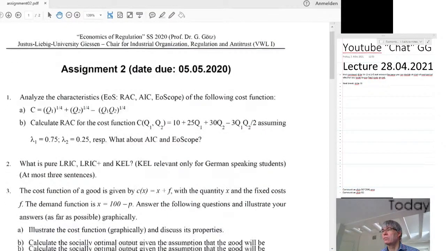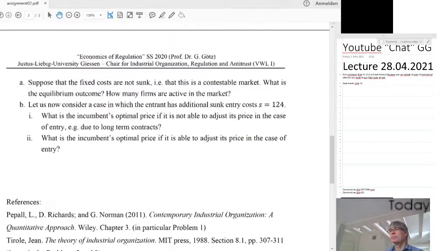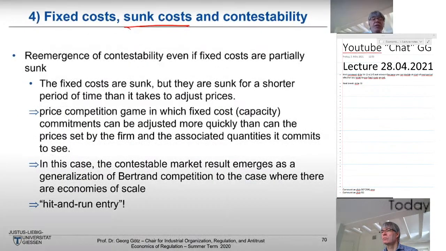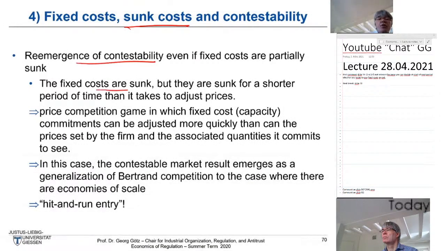What we didn't do is this problem 3 here, 4 here, which is actually where we discuss this issue. Here we will see under what circumstances contestability re-emerges. And it actually re-emerges if fixed costs are sunk, but they are sunk for a shorter period of time than it takes to adjust prices.